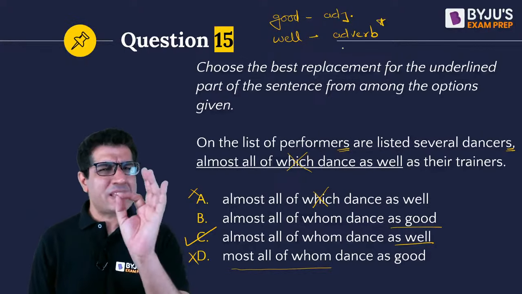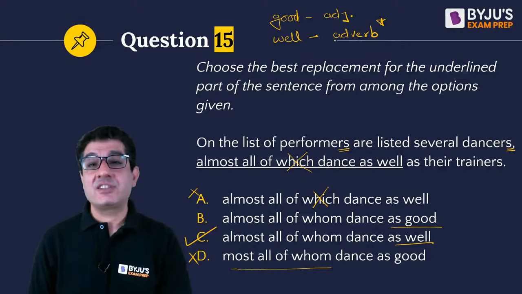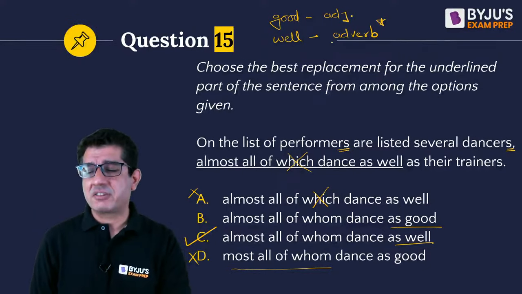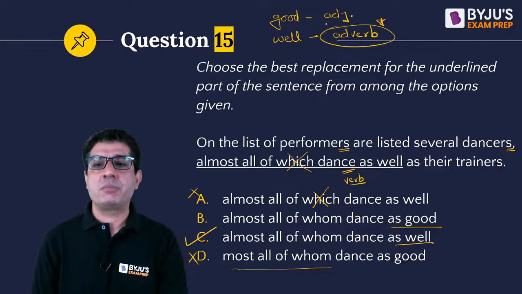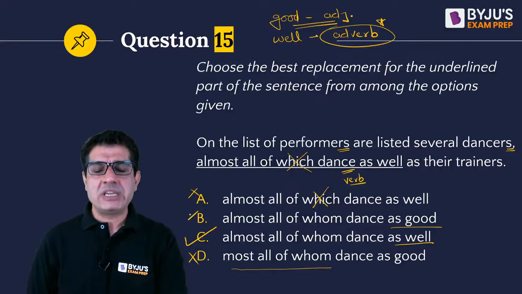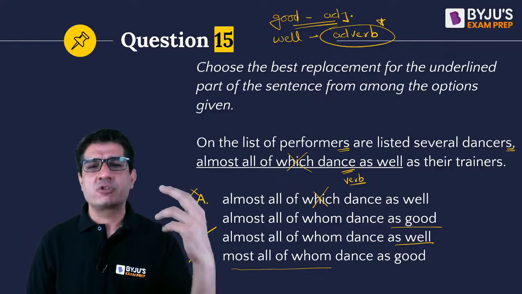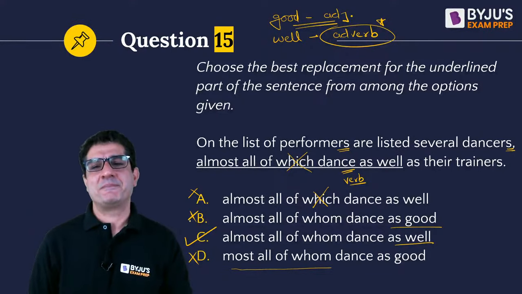There is one very specific sentence where well can be used as an adjective, but let's not dive into exceptions right now. Not needed for this question. So here we are talking about dance, a verb, and therefore what you need is an adverb and not an adjective. So B is also eliminated, and therefore we should go ahead and choose C.